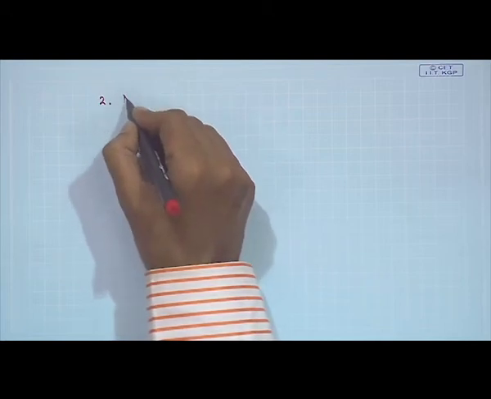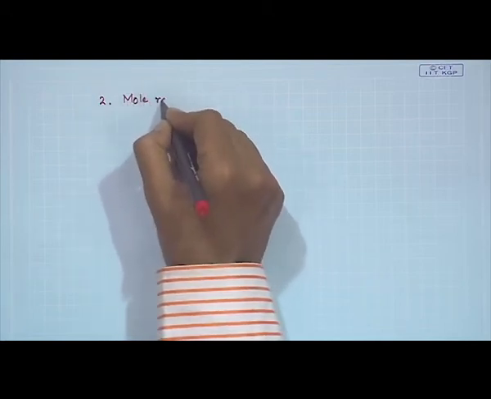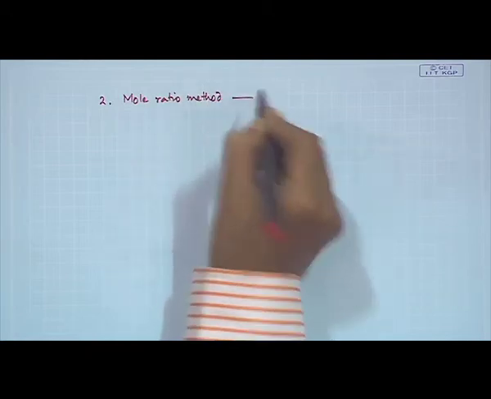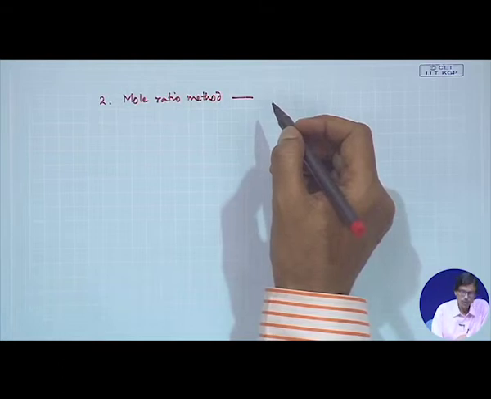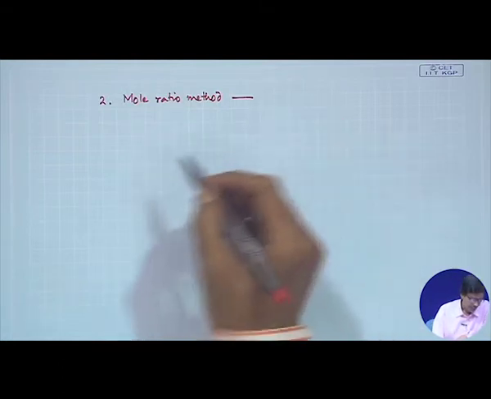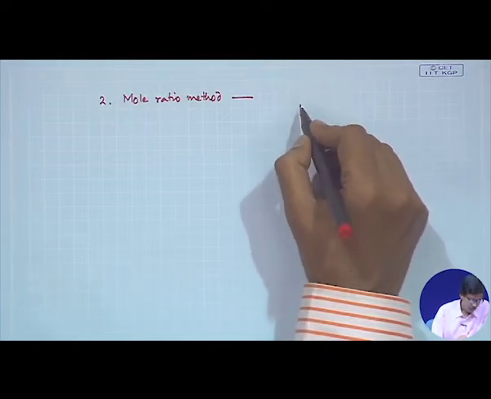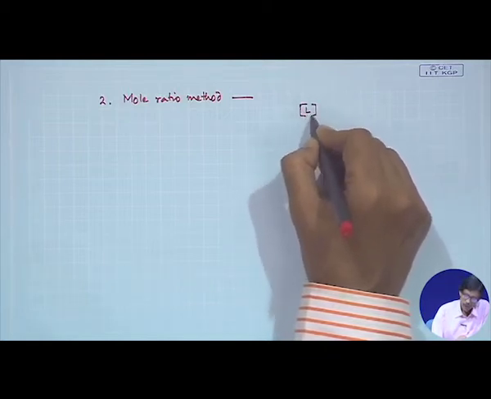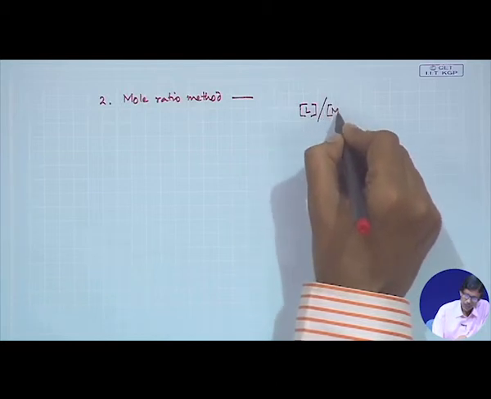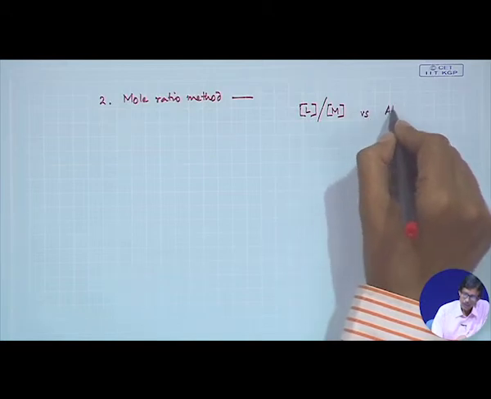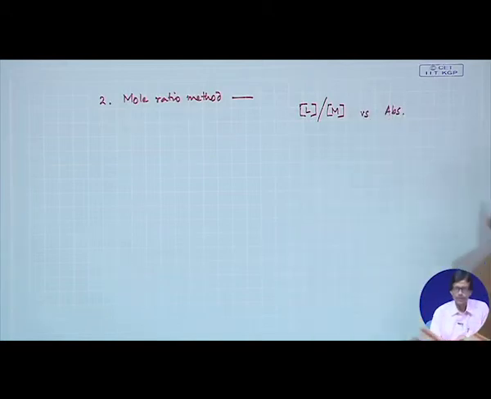In a similar fashion, the second technique that we can use is the mole ratio method. In that method, we have this M and L. The ratio of the ligand to the metal ion, we plot versus absorbances.